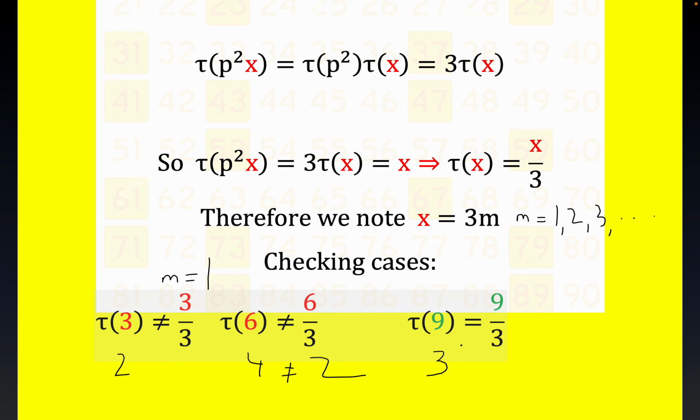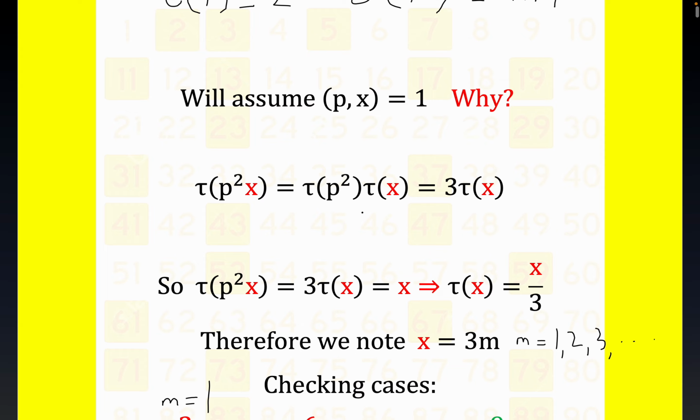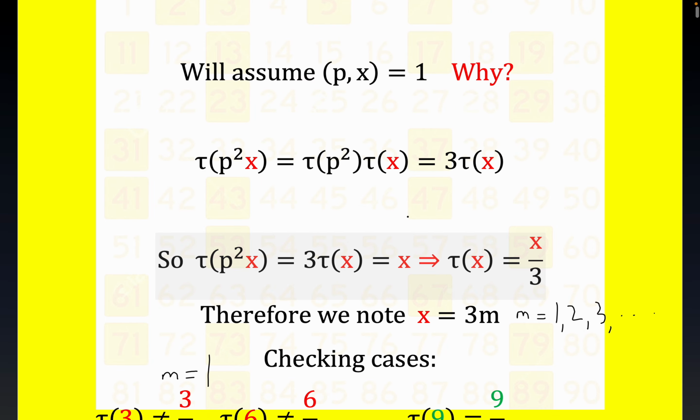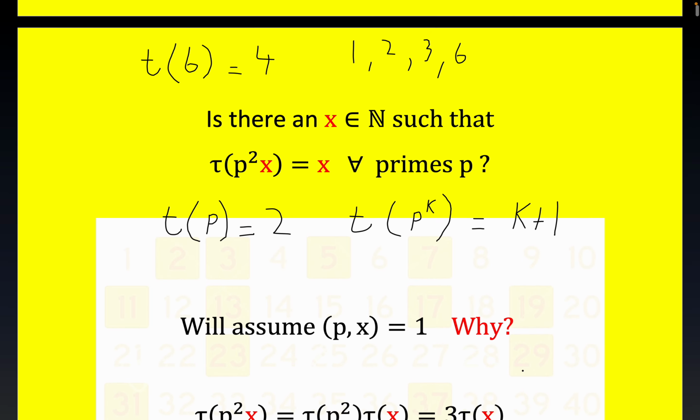But 9 fits the bill because this statement is equivalent to the original equality. Remember, this guy right here equals x. And then we reach these conclusions rather rapidly right here. And so we get x is equal to 9.